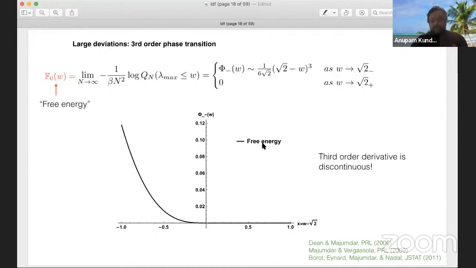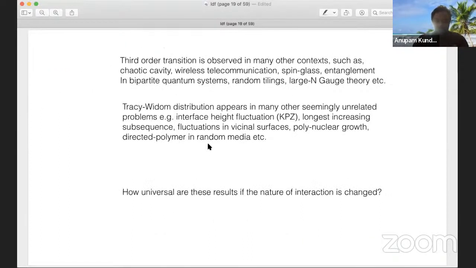And this is not just for academic purposes. This third order phase transition has also been observed in many other problems. For example, in chaotic cavities, wireless communications, and spin glass, where you try to find the number of minima in a random potential, and you have a transition.